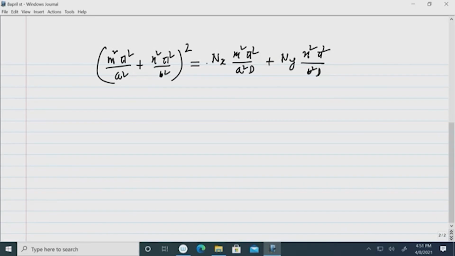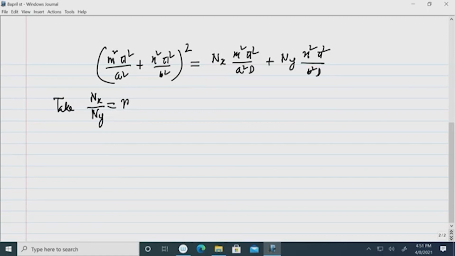This equation is obtained for the non-trivial solution. Now, from that equation, if I take N_x by N_y, that is the load ratio, take this equal to R.